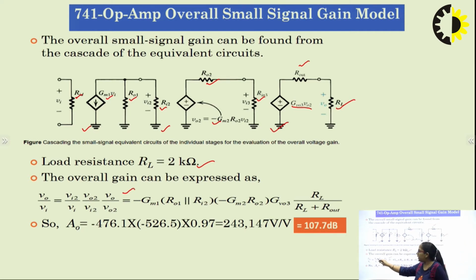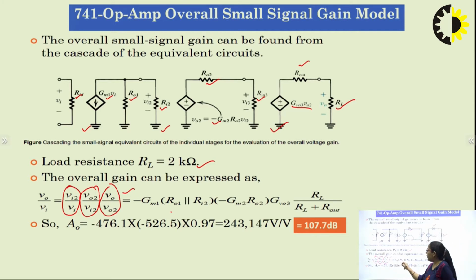First, we have the gain of input stage, then the gain of second stage, then the voltage gain of output stage. On multiplying the gain of individual stages, we can get the overall gain of op-amp IC.